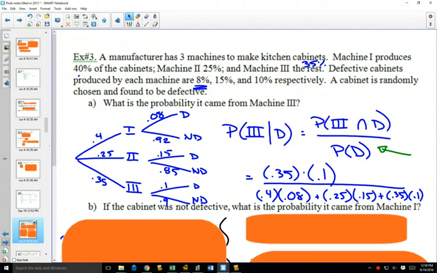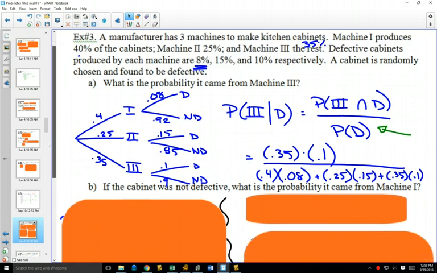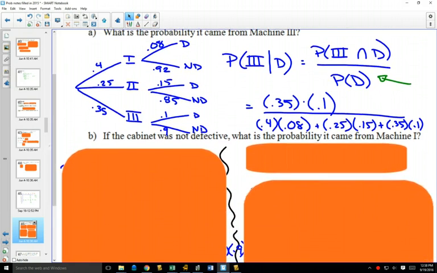And you can type that entire thing into your calculator and get an answer. So I'd like you to try the formula for part B, and we'll put up the answer in a couple minutes.